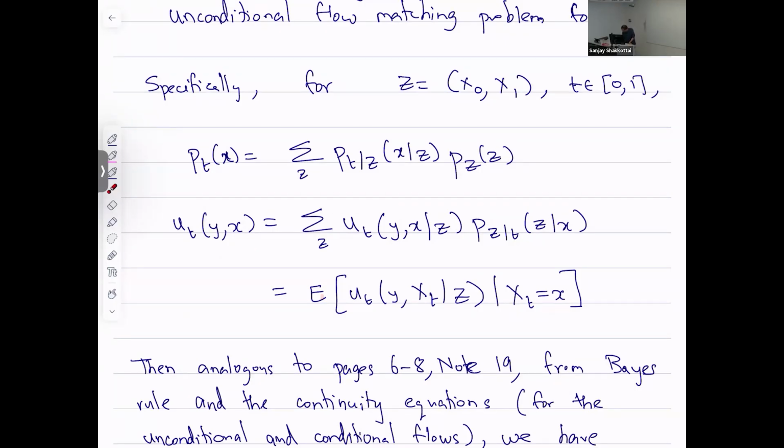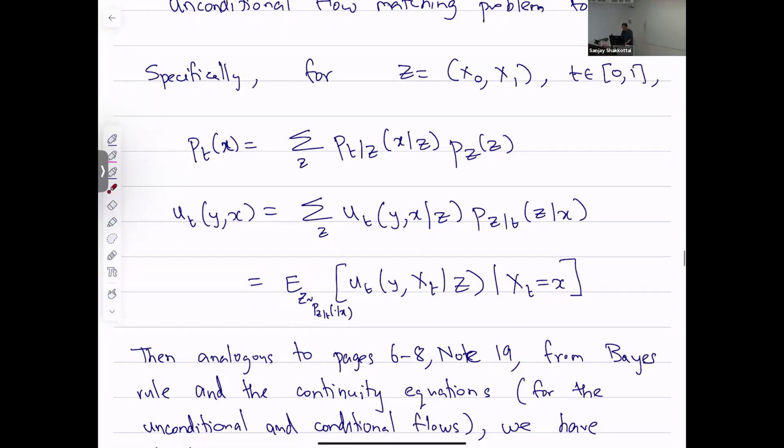I should write this carefully because I've written xt equal to x. It's okay, it's correct. So it's the appropriate expectation.